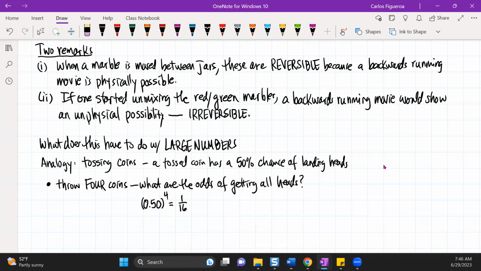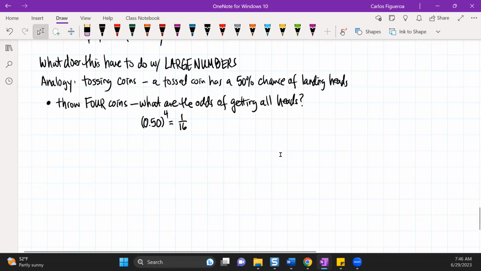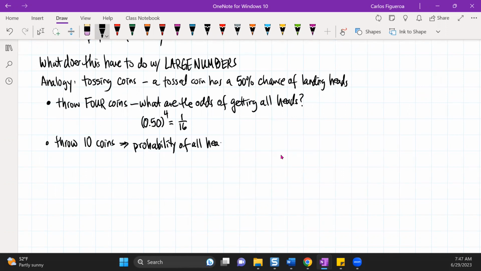So now, what happens if I throw 10 coins? Then the probability of all heads now goes from 0.5 to the 10th. What are the chances of you getting all heads? It turns out to be about 1 in 1,000 throws.